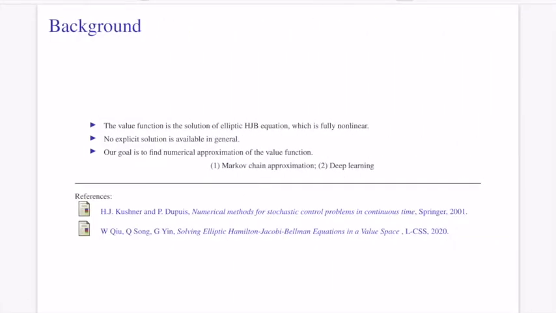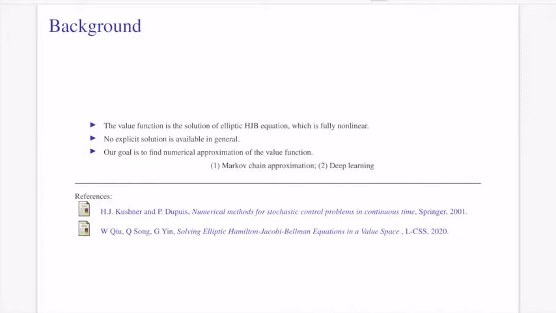Usually this kind of value function is associated with the elliptic HJB equation, which is a fully nonlinear PDE, and there's no explicit solution in general. So people think about computational methods to approximate the value function. Our approach here is based on Markov chain approximation and deep learning.